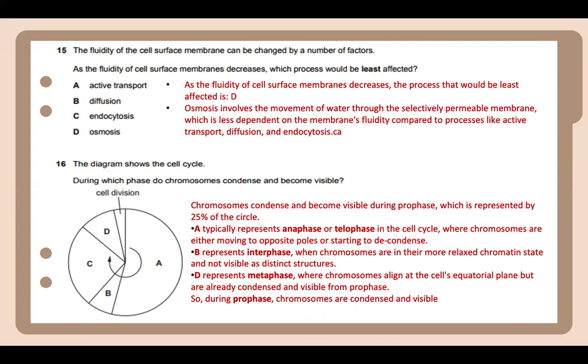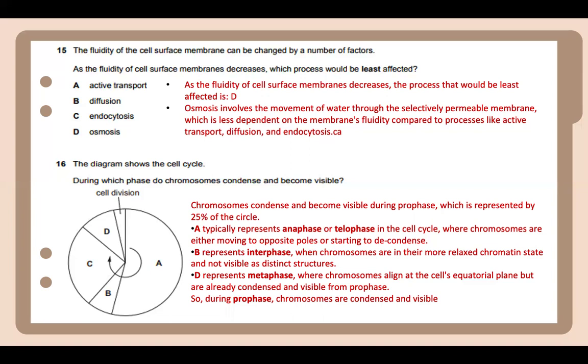The diagram shows the cell cycle. During which phase do chromosomes condense and become visible? Chromosomes condense and become visible during prophase, which is represented by 25% of the cycle. A reflects typically anaphase or telophase, where chromosomes are either moving to opposite poles or starting to decondense.